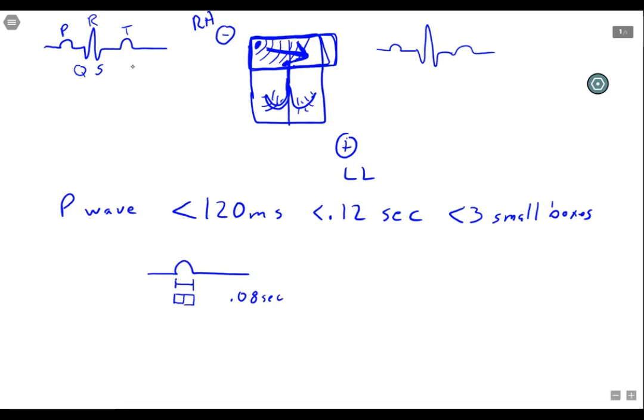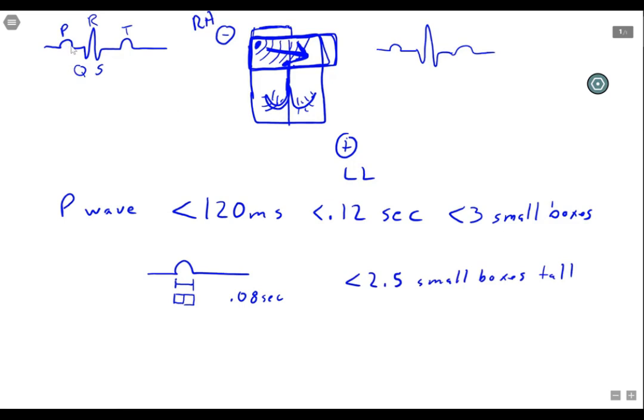If it's too tall, maybe the right atrium is a little bit bigger than it should be. So it also has a height requirement. It should be less than 2.5 small boxes in height as well. And so that would tell you that the right and left atrium are of the correct size and the depolarization is traveling as quickly as it should be. All right, so that's the P wave.